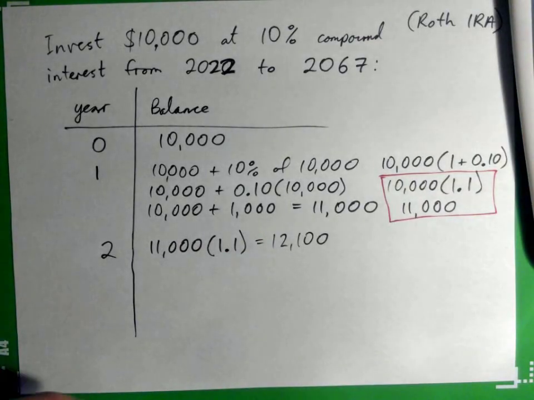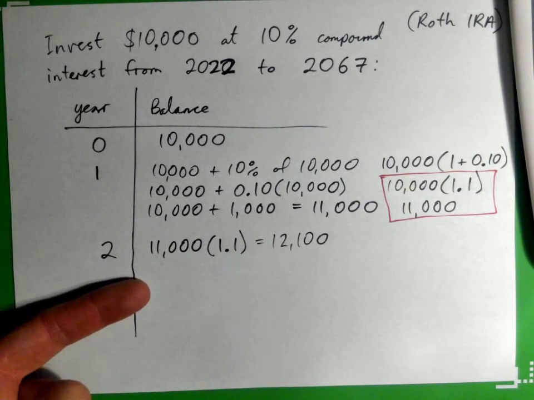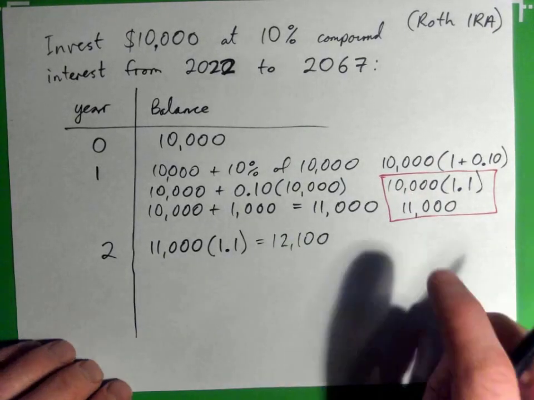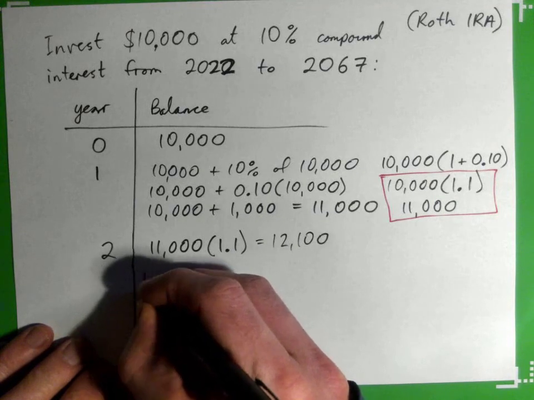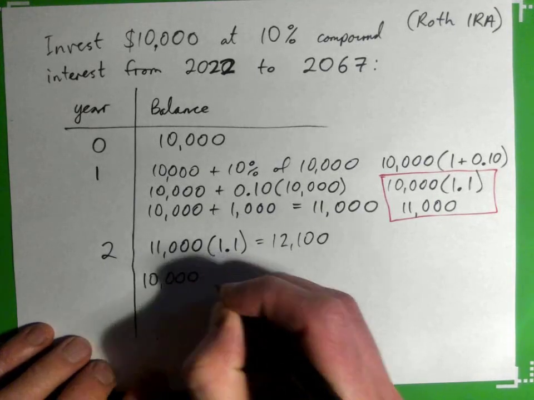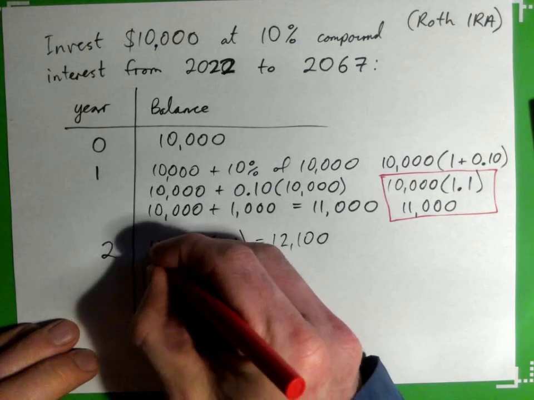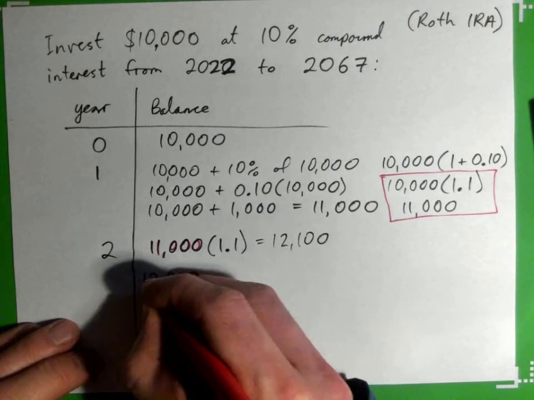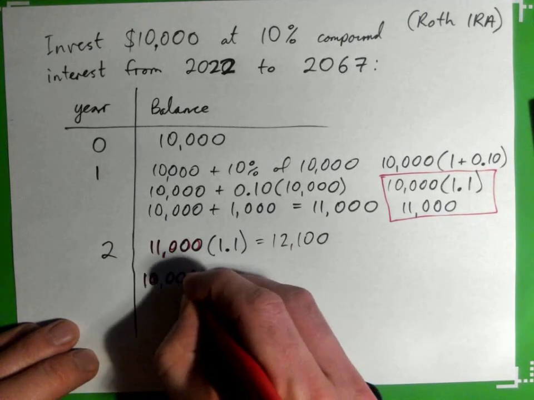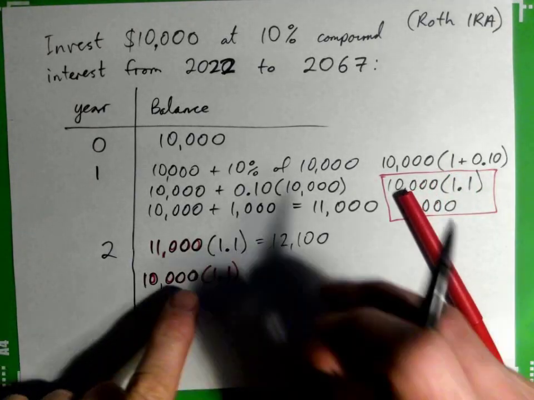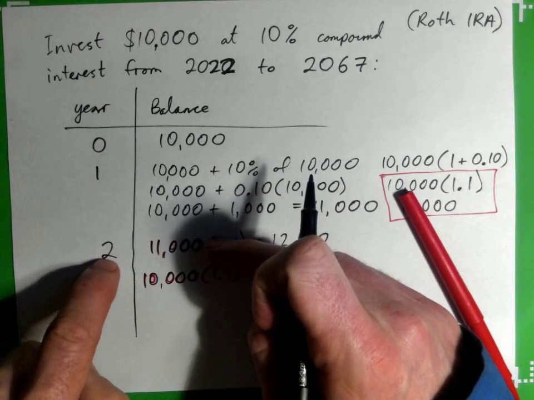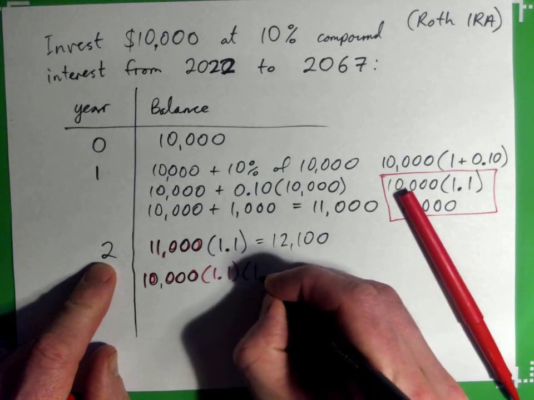But there's an even cooler way to do 2 years. We said that 11,000 was got by going 10,000 times 1.1, right? So that's what 11,000 is. But after another year, we need to multiply that by 1.1 again, right?